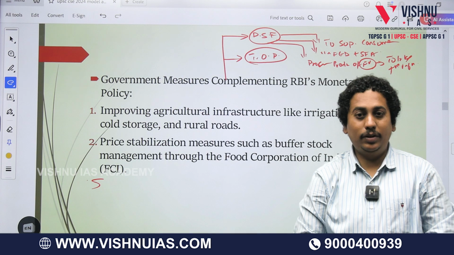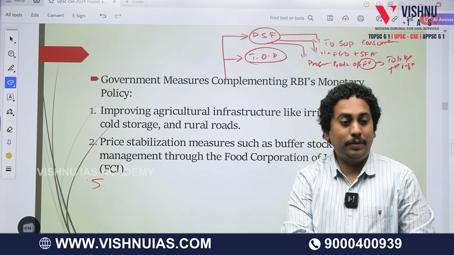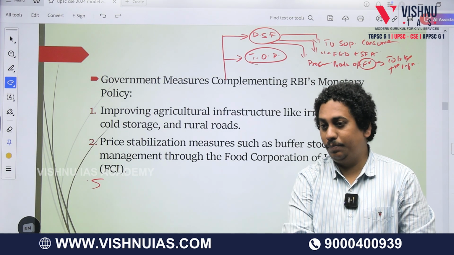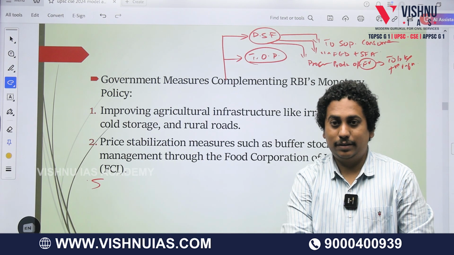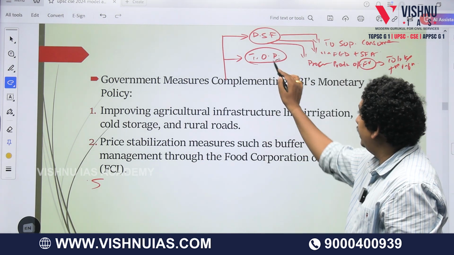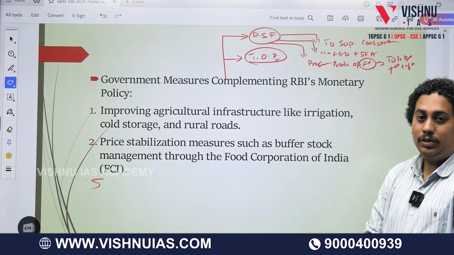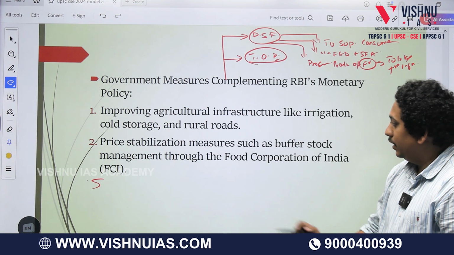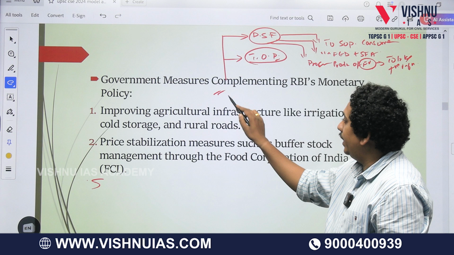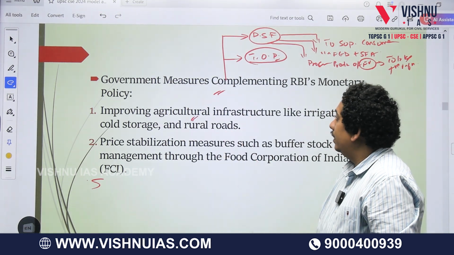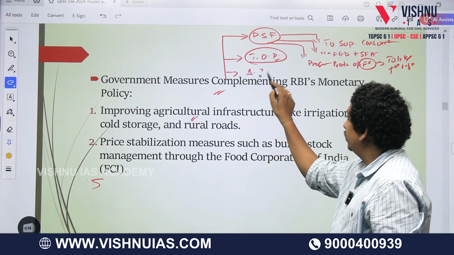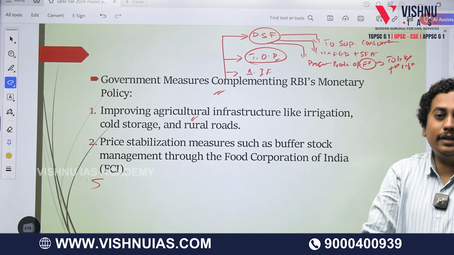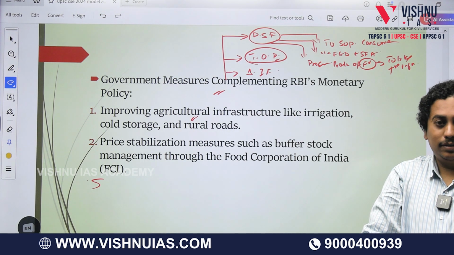Top, tomato, onion, potato. It is from the government perspective. We have brought which program? Operation Greens. Scheme right ఇక్కడ? Operation Greens లో you could have written about TOP, tomato, onion, potato అంటాం. So apart from RBI, the government could also have taken AIF, right? AIF, Agriculture Infrastructure Fund, you could have written.